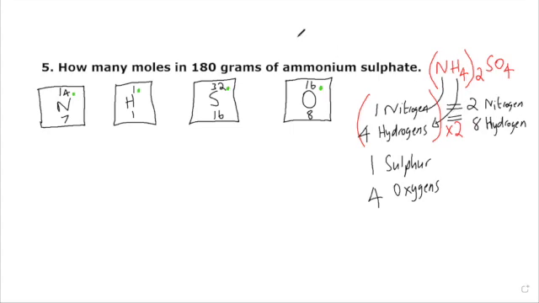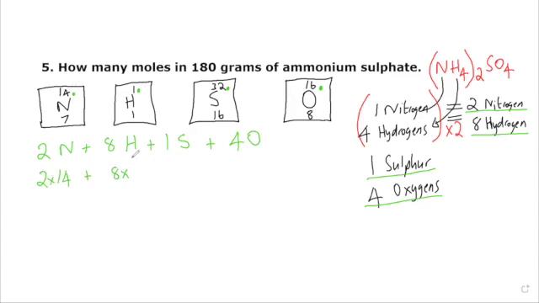So now that I have figured out how much of each one I need, I'm just underlining them. So 2 nitrogens plus 8 hydrogens plus 1 sulfur plus 4 oxygens. So nitrogen is 14, so it's 2 times 14 plus 8 times 1 plus 1 times 32 plus 4 times 16.